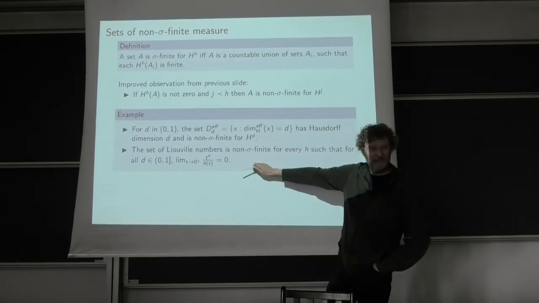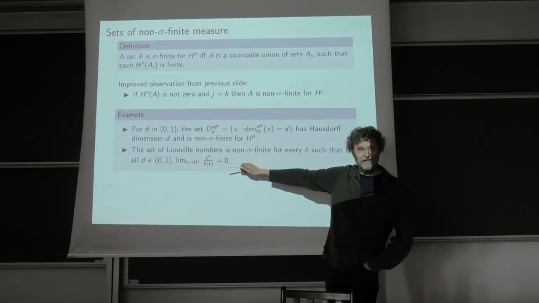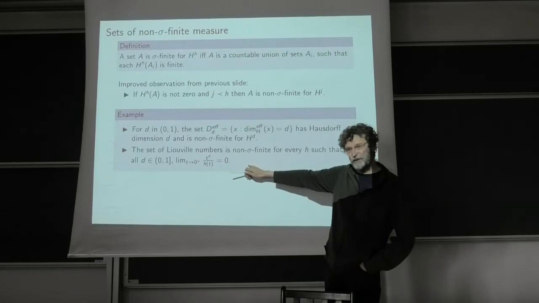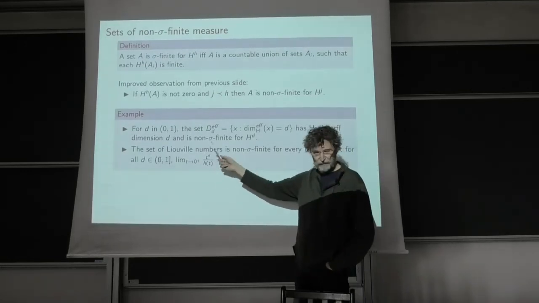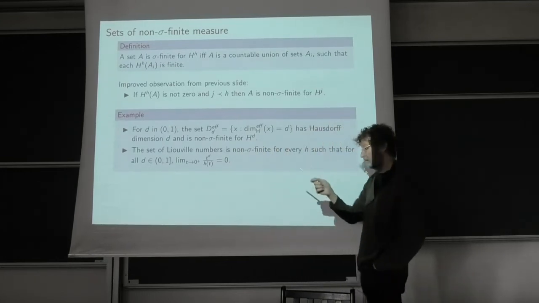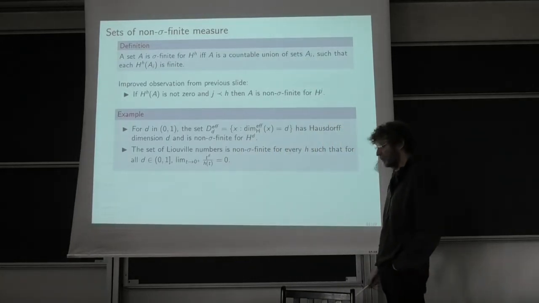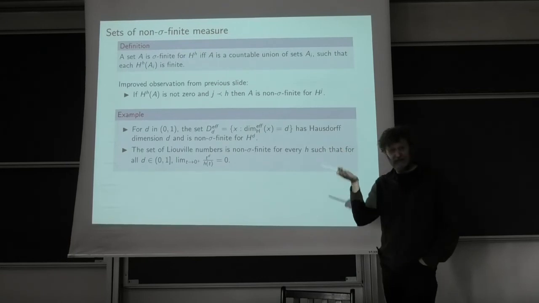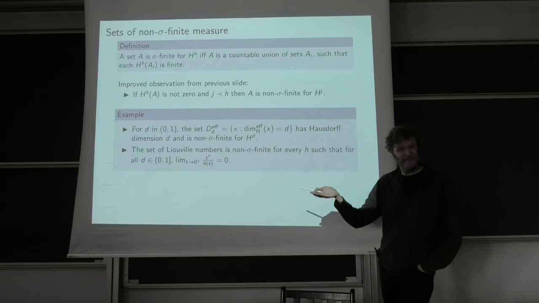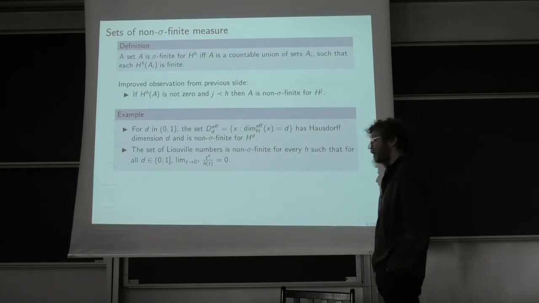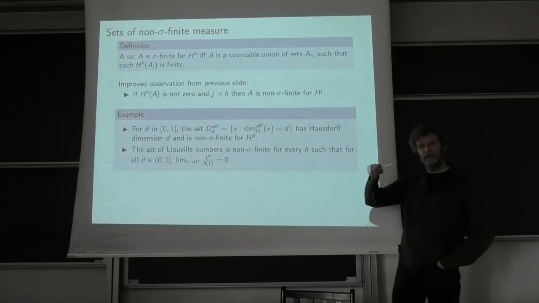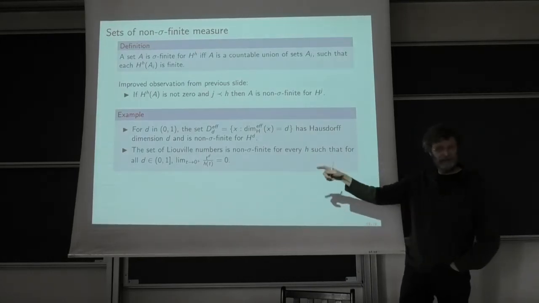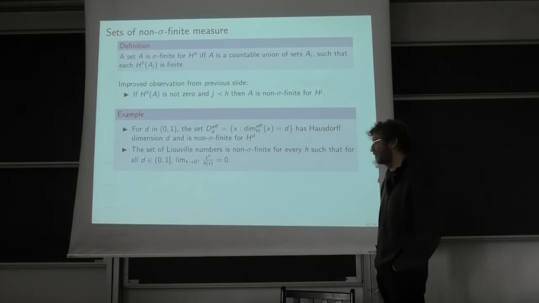The second example comes out of this classical metric version of Kolmogorov complexity: the set of Liouville numbers. Remember, a Liouville number is a number whose exponent of irrationality is infinity. It has arbitrarily good rational approximations. For every k there exist p and q such that p over q is within 1 over q to the k of the Liouville number.